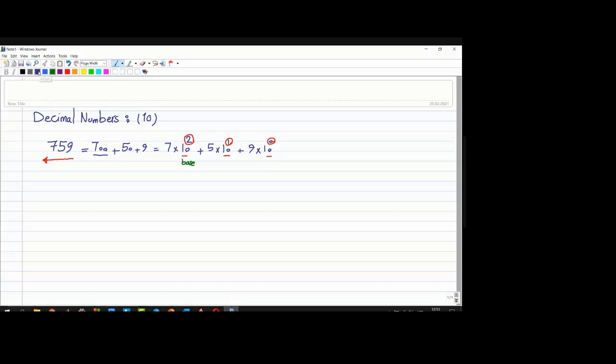For the fraction part of the system, again, we can write the same thing. For example, 241.63. Again, for this number, we have to divide the number into the integer part and the fraction part.